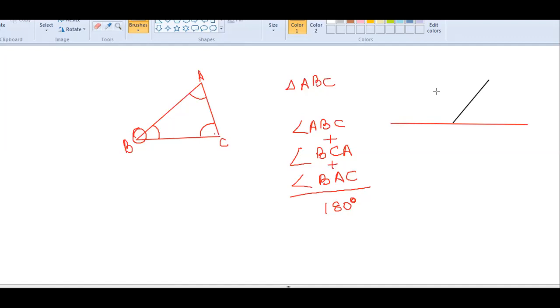In that case, the sum of this angle and this angle is 180 degrees. This is a linear pair, or we call it a supplementary angle, right?